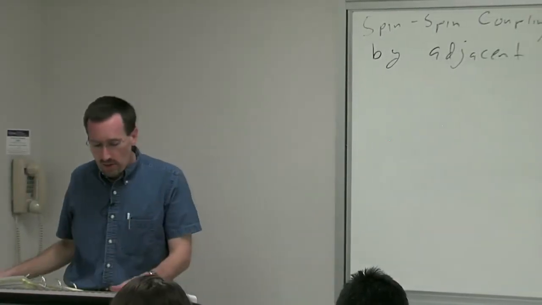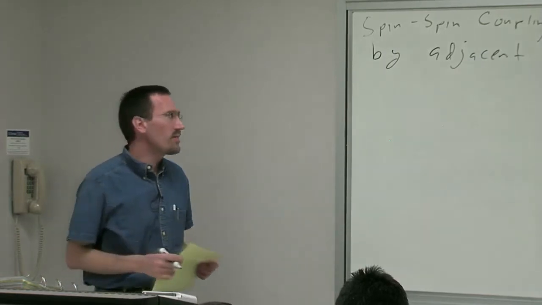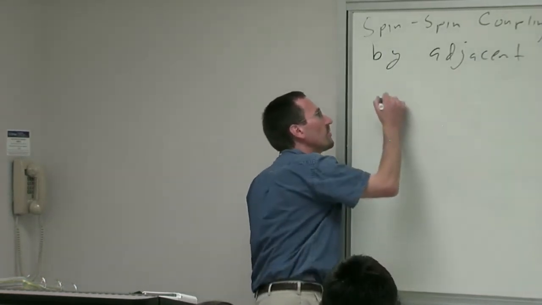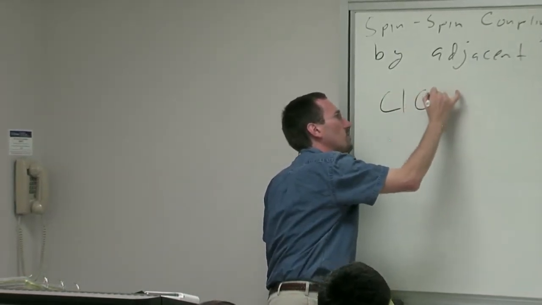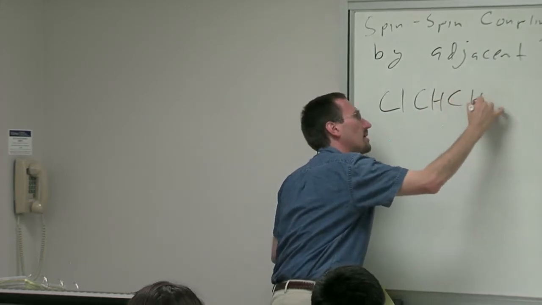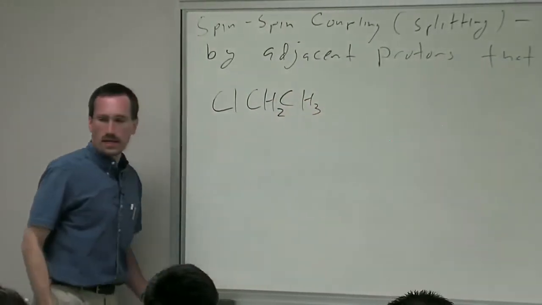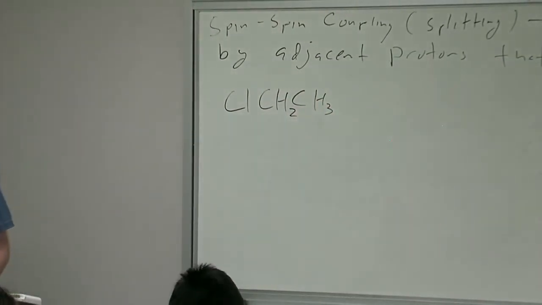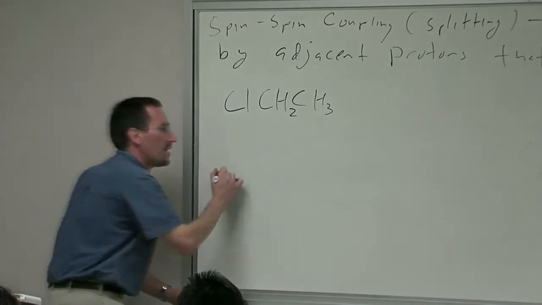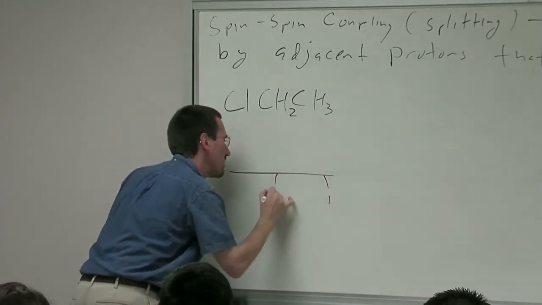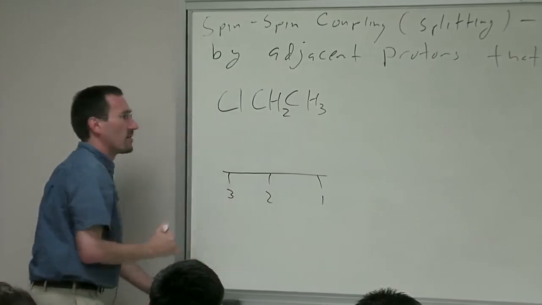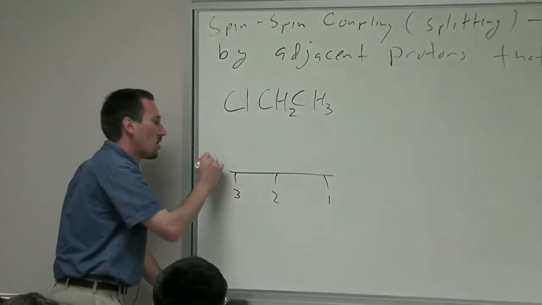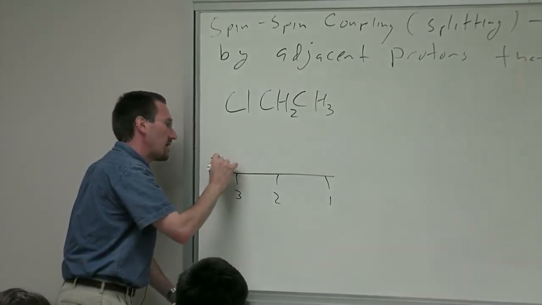So let's start with an example that's very, very, very intuitive. Very, very freshman, sophomore rather, chemistry. Let's take the H1 NMR spectrum of chloroethane. And so my little pigeon sketch of the spectrum of chloroethane would look something like this.